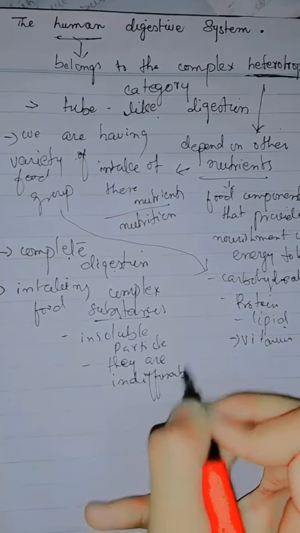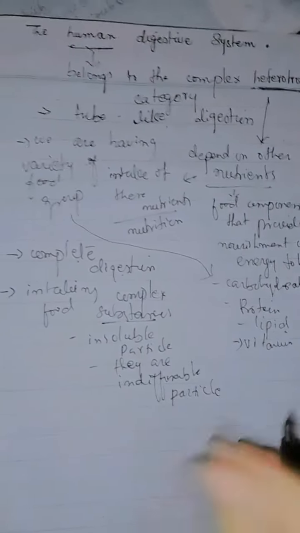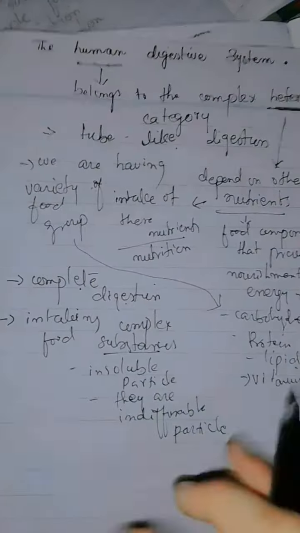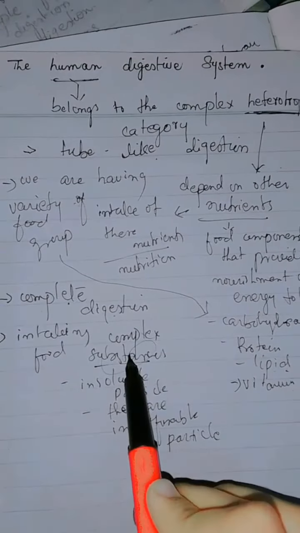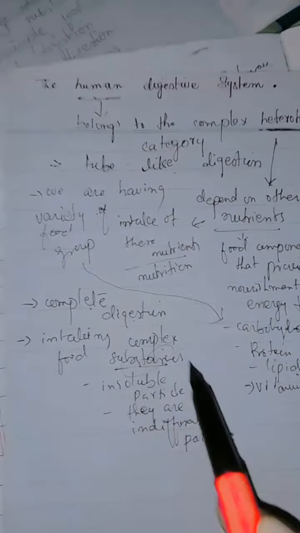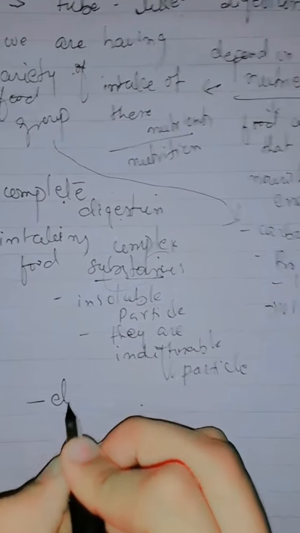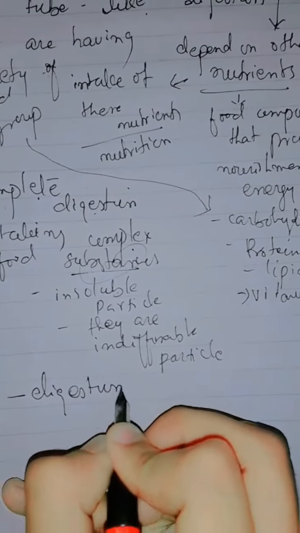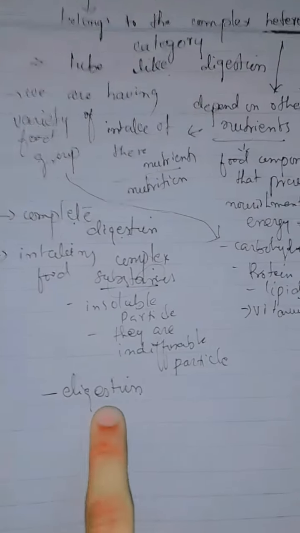They cannot diffuse in the blood. So the process in which the complex food molecules break down into simple substances is known as digestion. The breakdown of complex food molecules into the simplest molecules will be known as digestion.